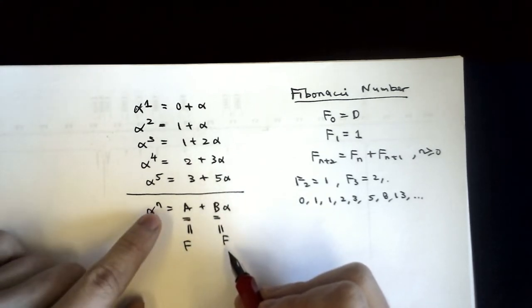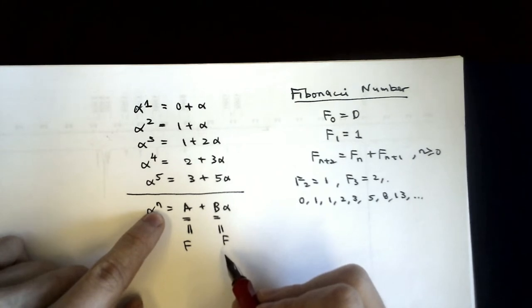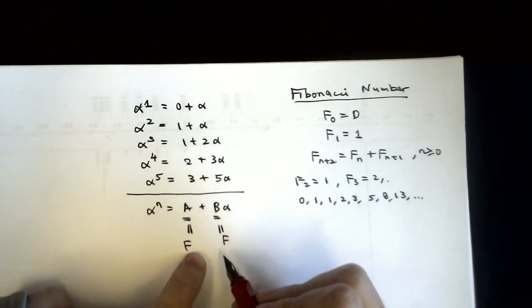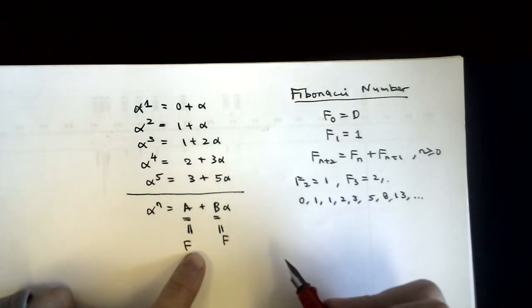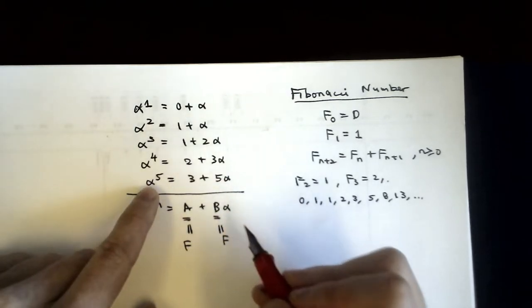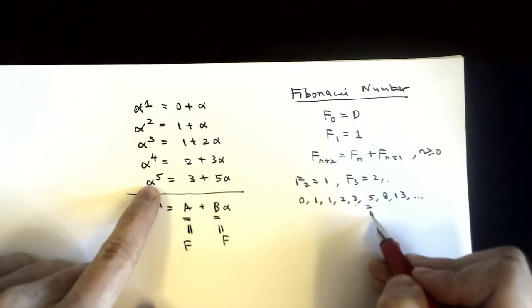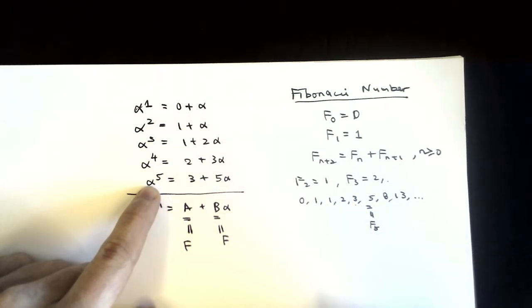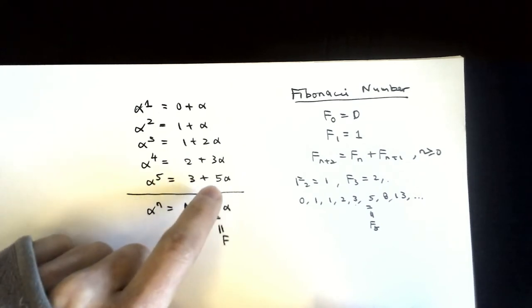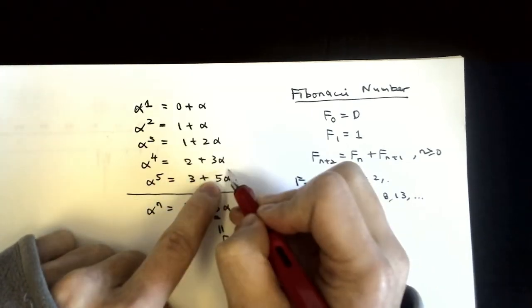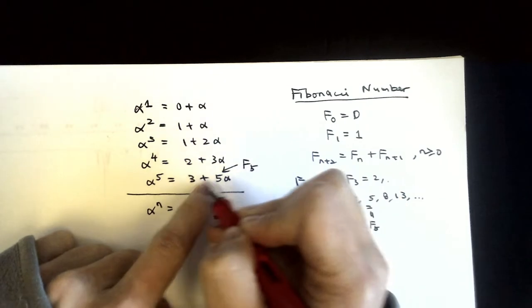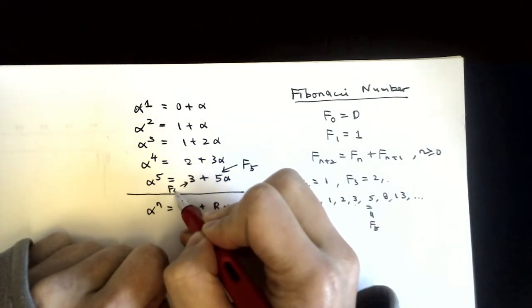So if this is n, which Fibonacci numbers will be here? We note that this is 0, 1, 2, 3, 4, 5. This is F5, and then we see here this is F5 and this is F4.